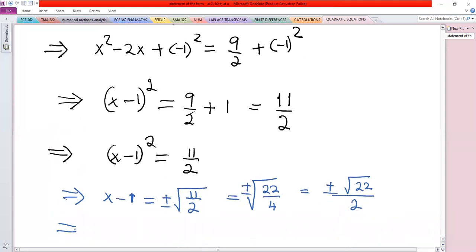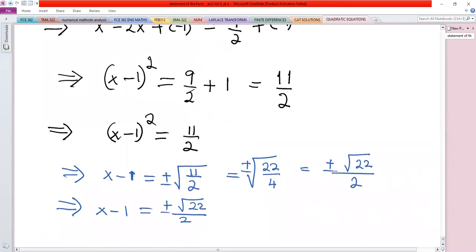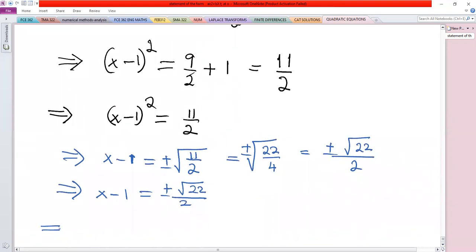So which means that x minus 1 is plus or minus root 22 divided by 2, which means x alone will be 1 plus or minus root 22 over 2.